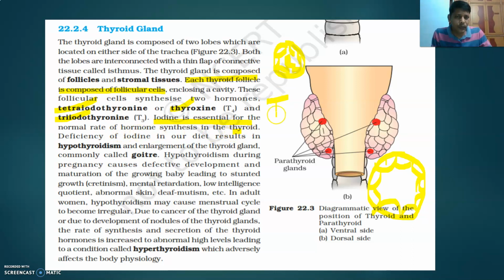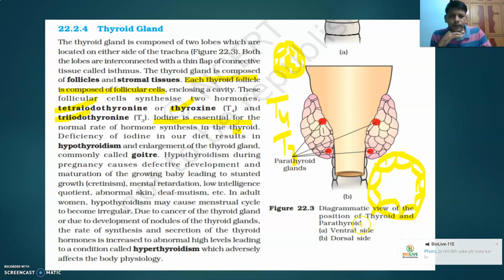T4, tetraiodothyronine, and T3, triiodothyronine. Triiodo means it requires three iodine atoms, and here it requires four iodines for the synthesis of T4.